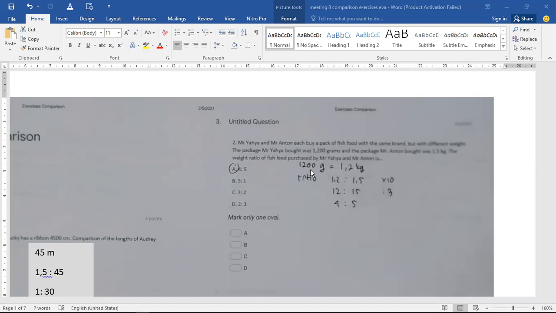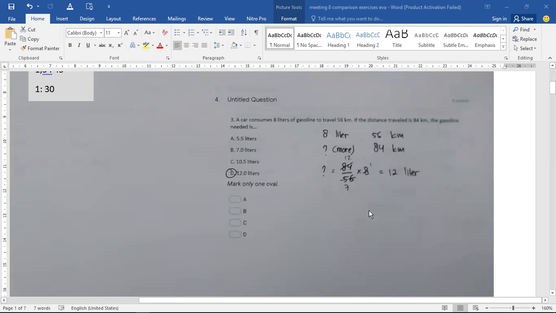Here I change from gram to kg. How to do that? Divided by 1000. So from gram to kg divided by 1000. So 1.2 per 1.5. To make it easy, I multiplied by 10, so 12 for 15. Then I can simplify it by divided by 3, so 4 to 5.